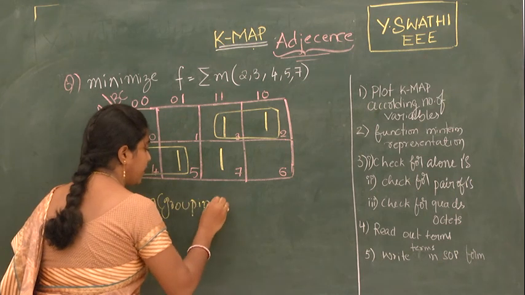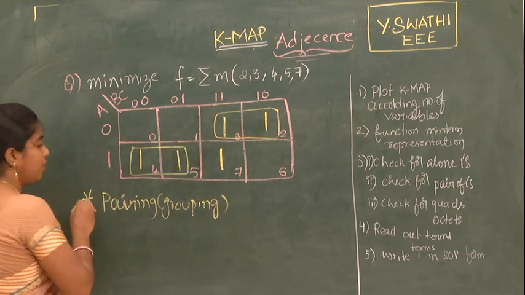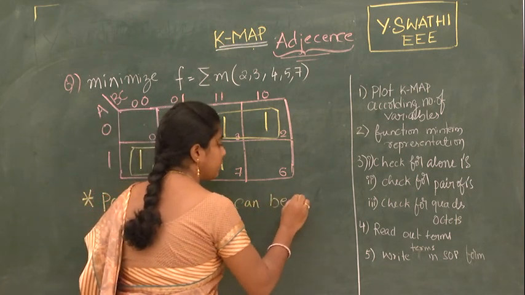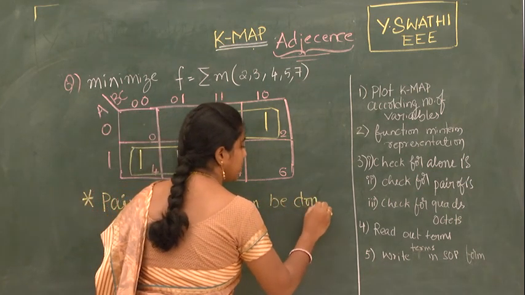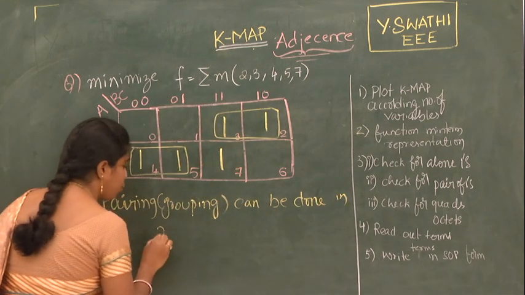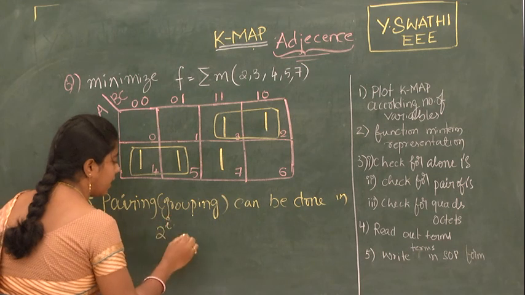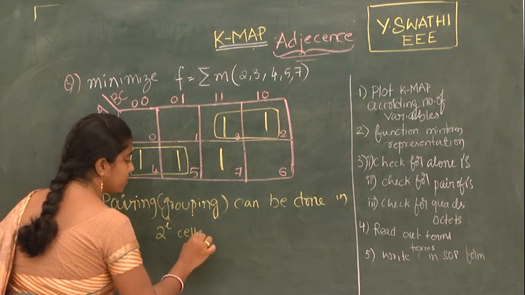This is a very important rule. Grouping or pairing can be done in 2 power n cells combination.